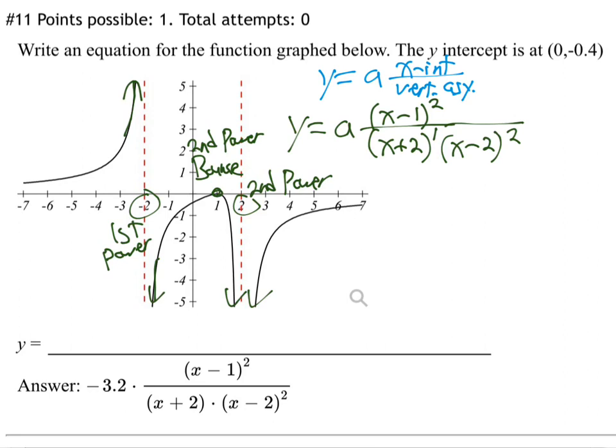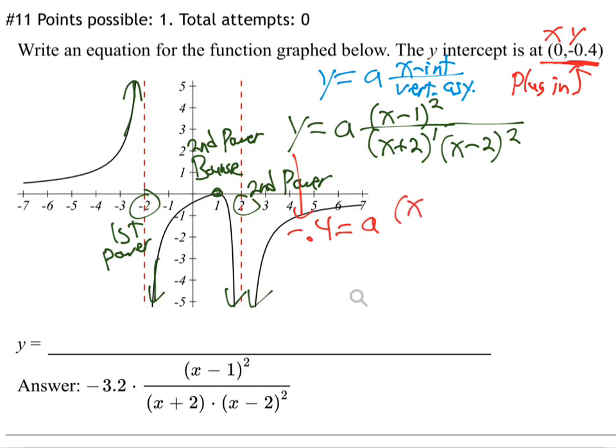Now what we do is plug in the Y-intercept. Ooh, we don't really have the Y-intercept. Right here. They're telling us. So plug in that Y-intercept. This is the X. This is the Y. So plug in right out here. Y is -0.4.